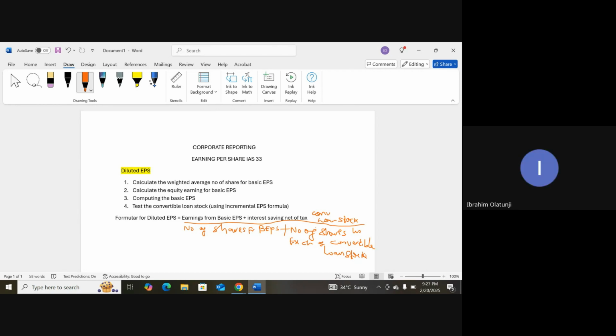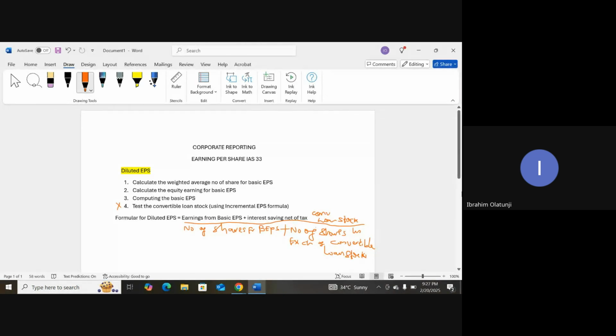Then when you now test for incremental EPS, that I said test for convertible loan stock using incremental EPS formula, this number 4.